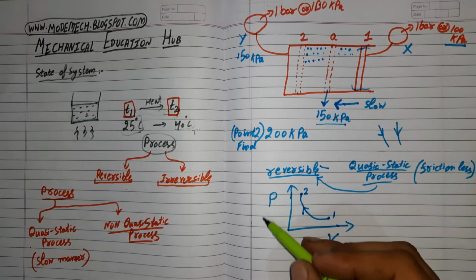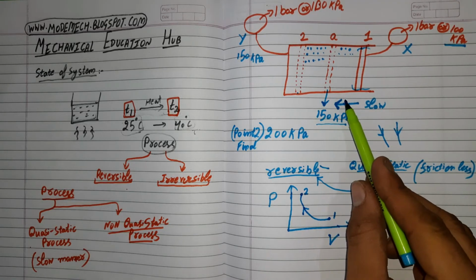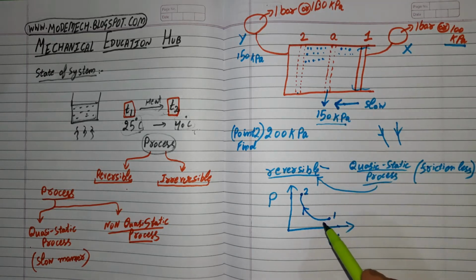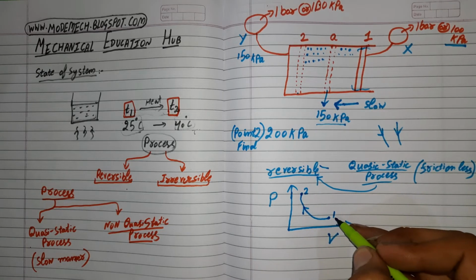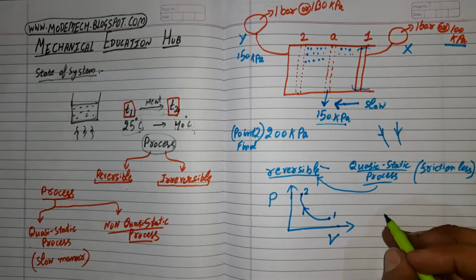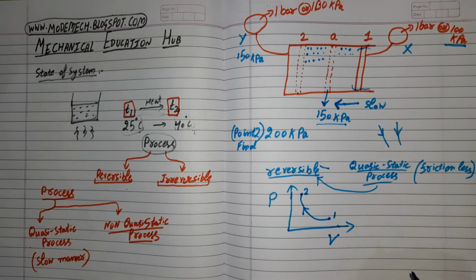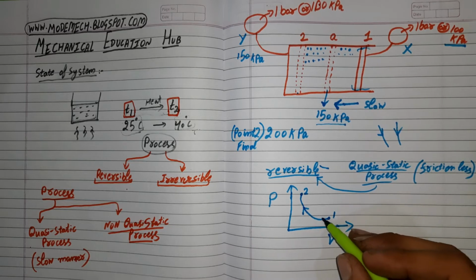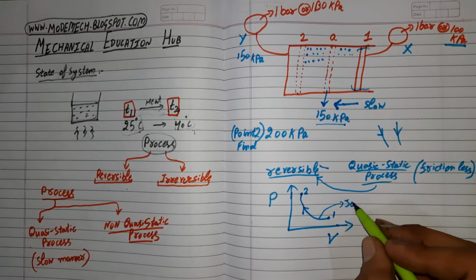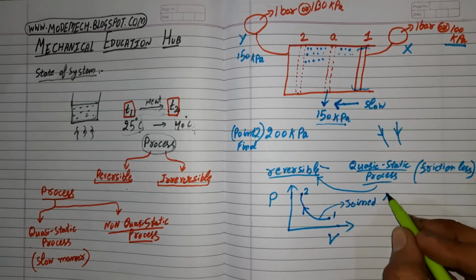Now this is the graphical representation of this process. Here I represent this process with a joined line, because quasi-static reversible processes are always represented with this joined line.